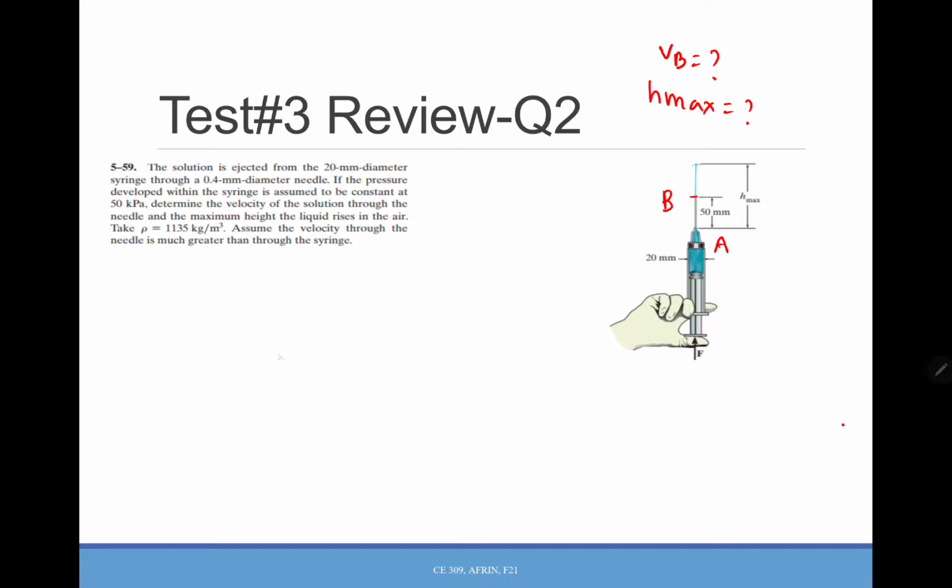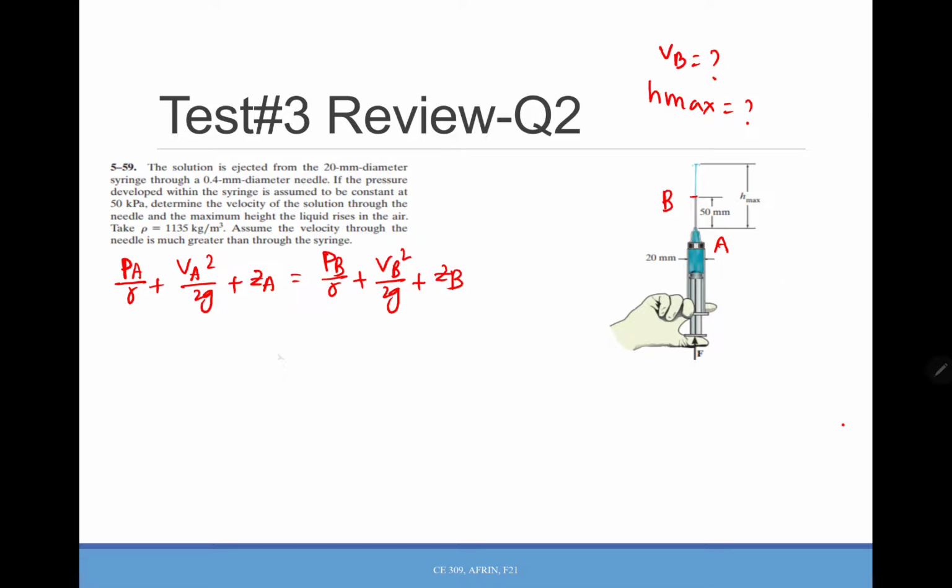So apply Bernoulli's equation between A and B: PA over gamma, VA squared over 2g, plus ZA, equals PB over gamma, VB squared over 2g, plus ZB. From here we will try to find VB.